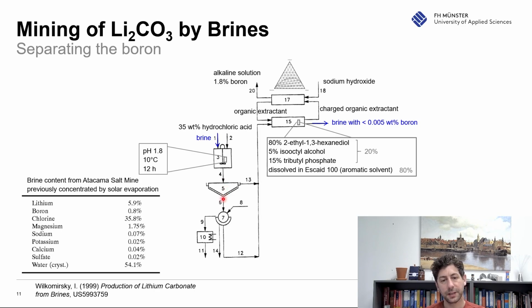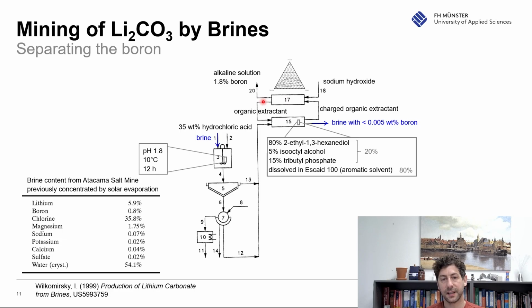And then we put this thick fluid or liquid into a filter, and here we can filter out the boric acid particles. So this means the amount of boron is reduced, right?